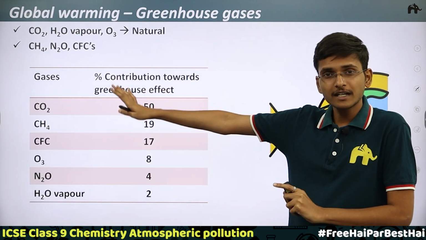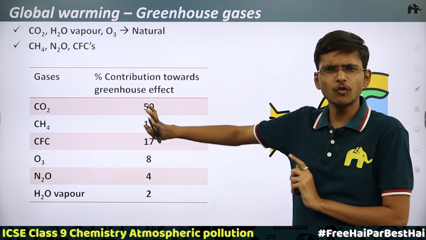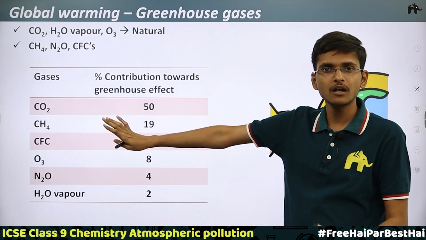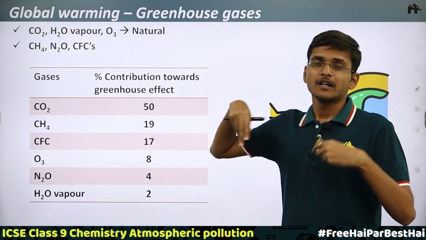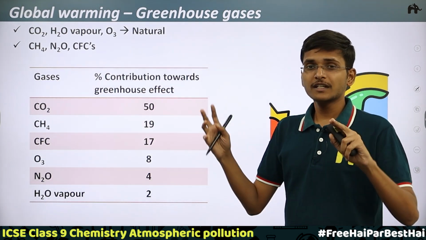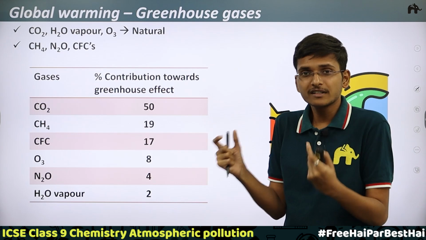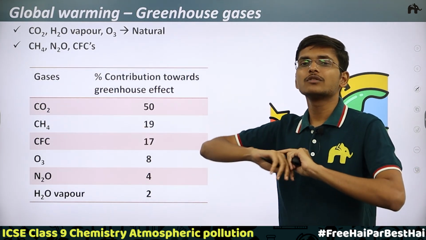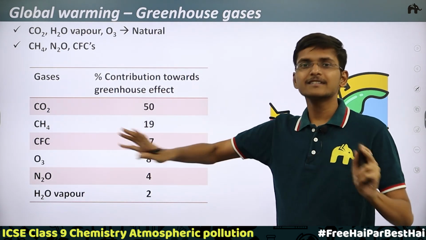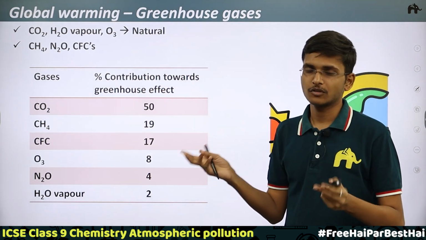So now if you think that carbon dioxide is bad and we don't want carbon dioxide at all in our atmosphere, then you are taking a risk which would erase the existence of all life on the earth.